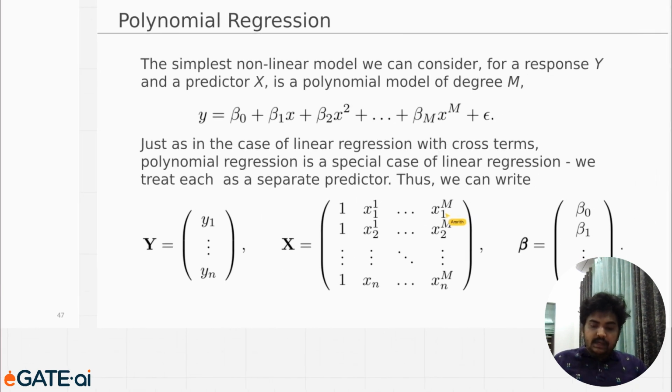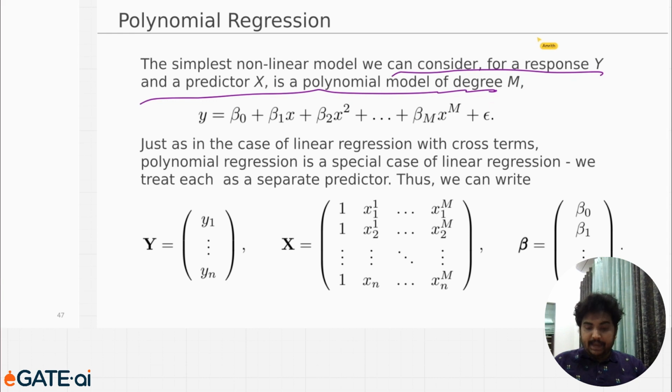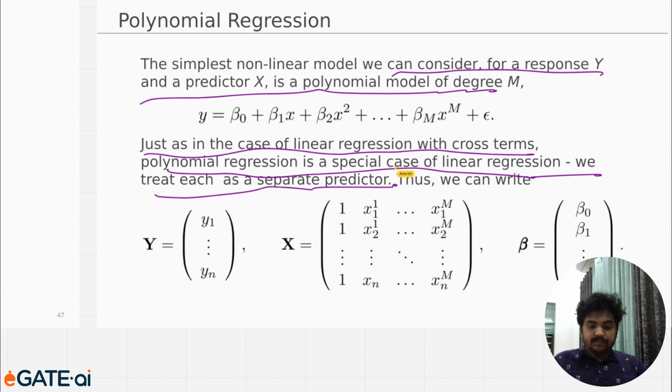The simplest nonlinear model we can consider for a response y and a predictor x is a polynomial model of degree m. Just as in the case of linear regression with cross terms, polynomial regression is a special case of linear regression where we treat each x power m as a separate predictor, and we write it in this form.